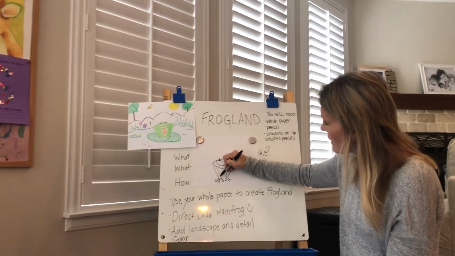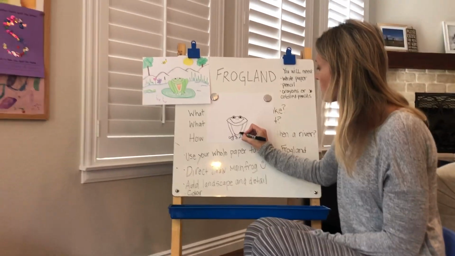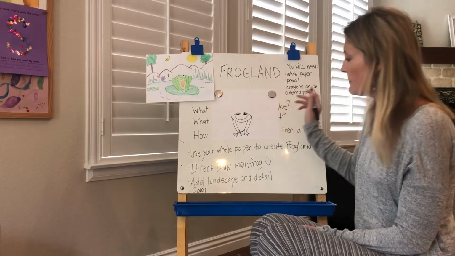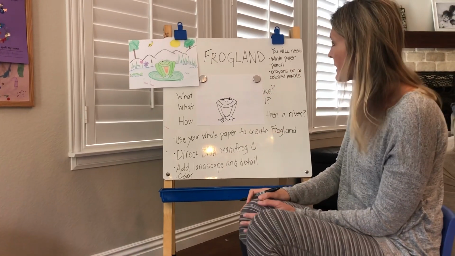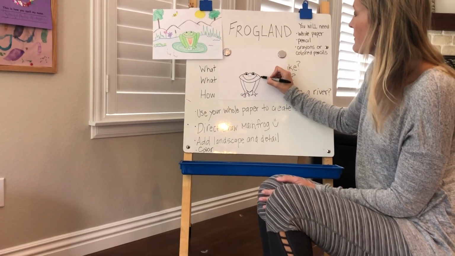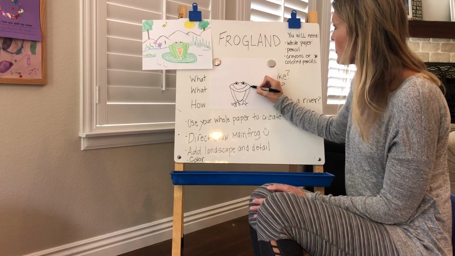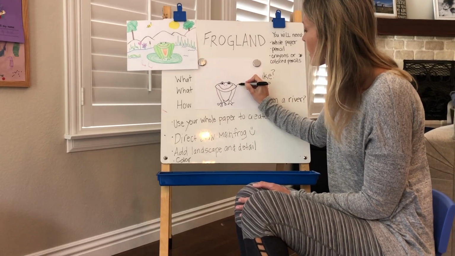And then you're going to round out his little belly right in here. Okay? All right, the next step is you're going to give him his back legs. These back legs right here. So you're going to go from the side of his face and you're going to do like a backward, actually, you know what? It looks like a candy cane. That's a good explanation.